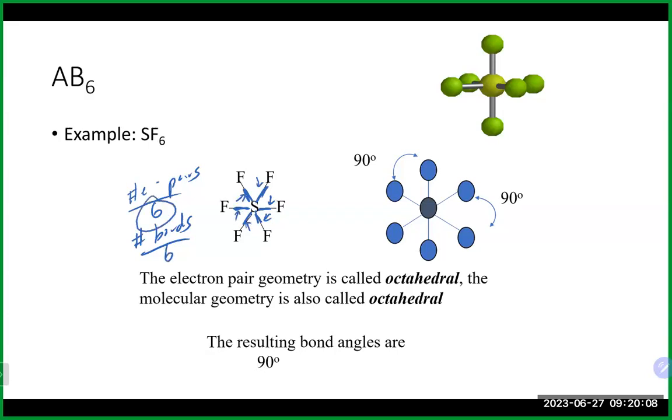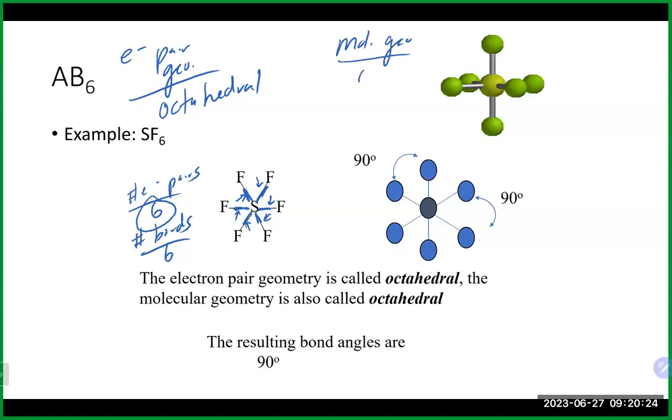Something with 6 electron pairs has an electron pair geometry of octahedral. And something with 6 electron pairs and also 6 bonds will have a molecular geometry of octahedral as well. Has really just 90-degree bond angle, maybe easier to see on this picture, 90 degrees at each of those points.